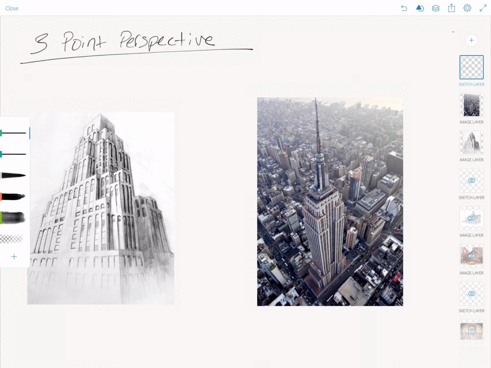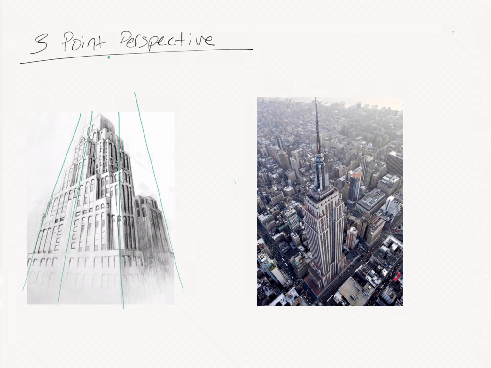So this one here kind of replicates what I just said, walking closer towards a building. And you can see the vertical lines in this image all are on angles and will all eventually come together to a point outside of this image.